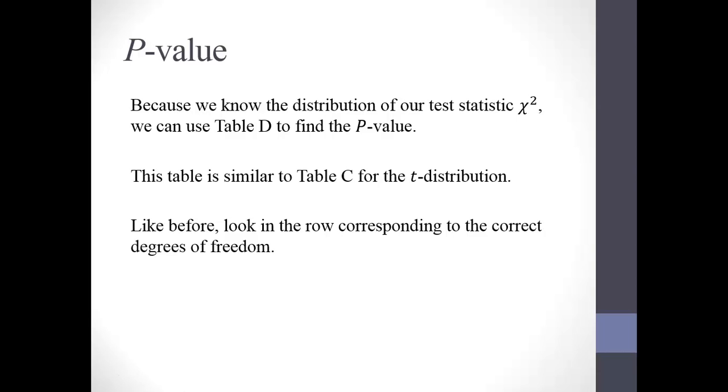Okay, so now we know what the distribution of this test statistic is, and so we can go to a table to help us figure out exactly what the p-value is, and that's something called table D. If you've noticed extra tables in the back of your book, we're getting to another one of those right now. You can read this table like you read table C with the t distribution. It has the same sort of layout. As before with table C, we need to go to the right row that has the right degrees of freedom.